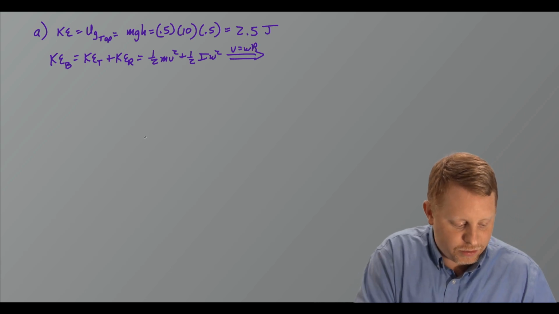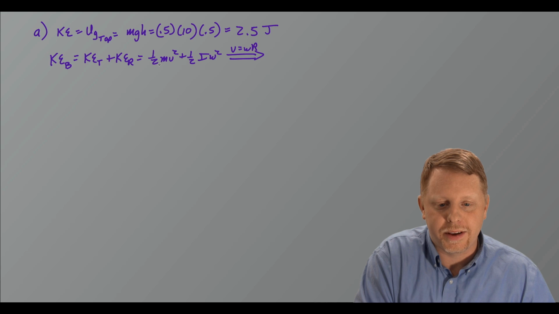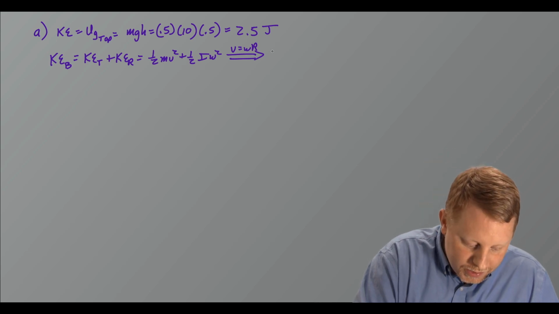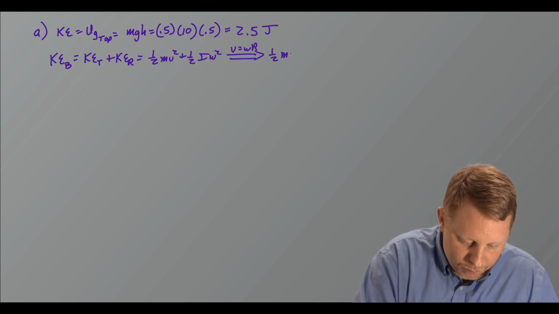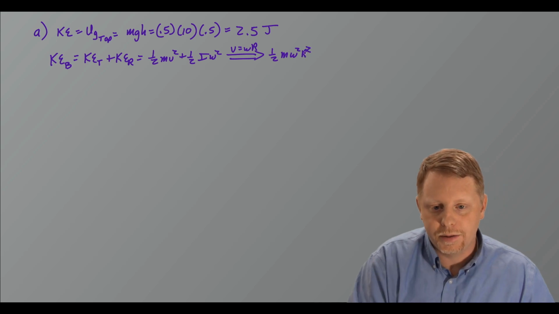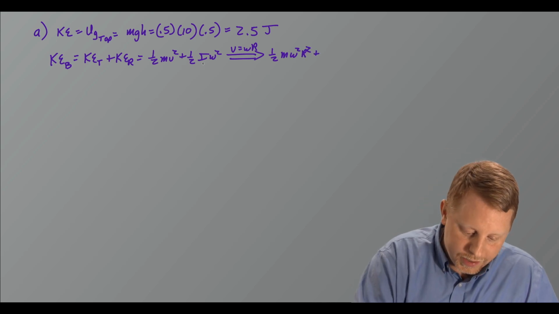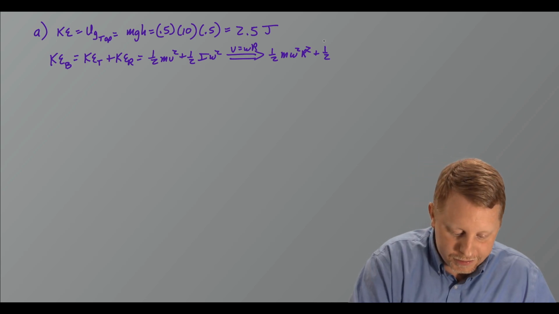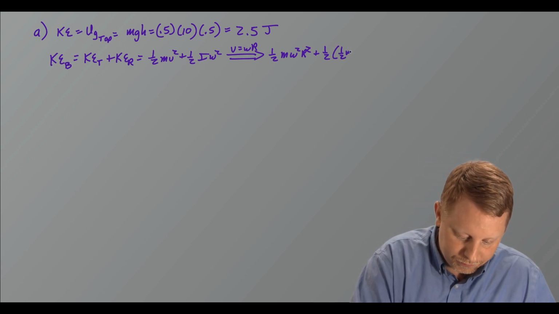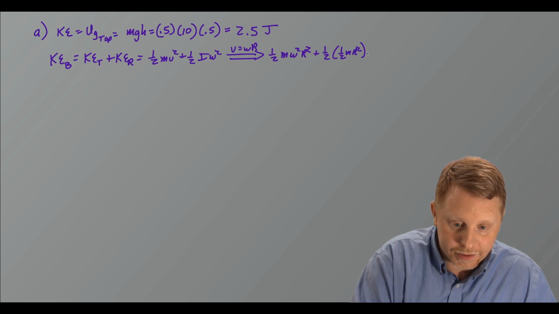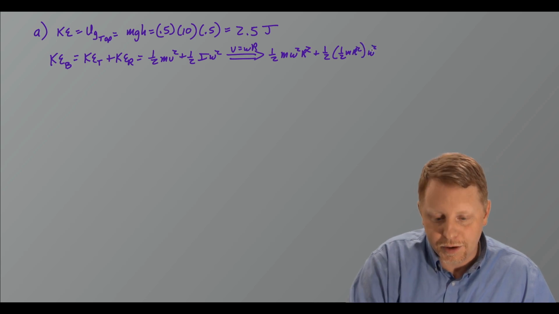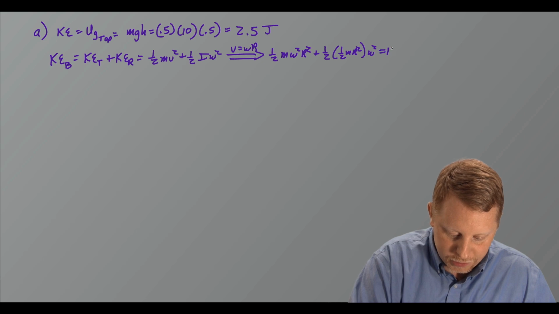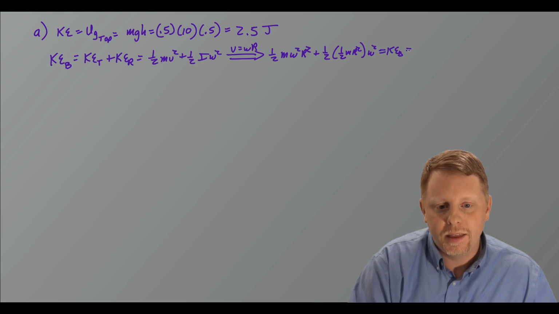So we can put that into our term for the translational kinetic energy to write 1/2 m omega squared r squared plus 1/2 capital I, our rotational inertia it gives us is 1/2 mr squared, and we still have an omega squared. It must be equal to our total kinetic energy at the bottom.